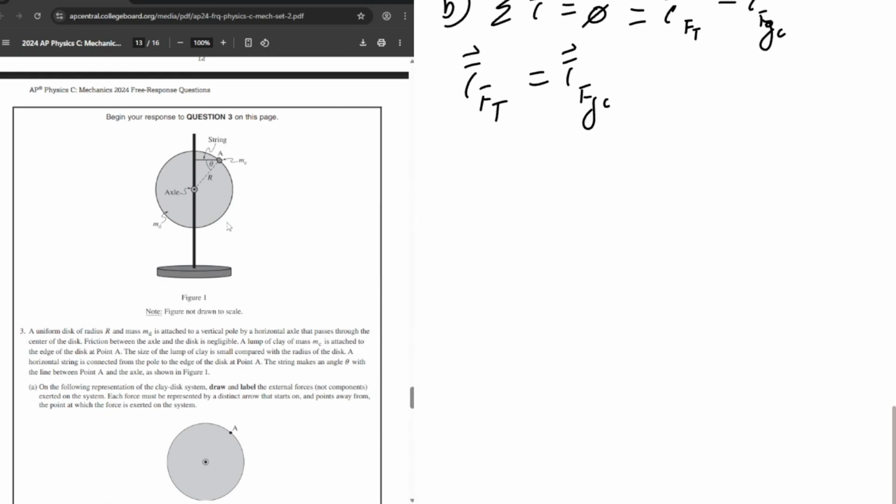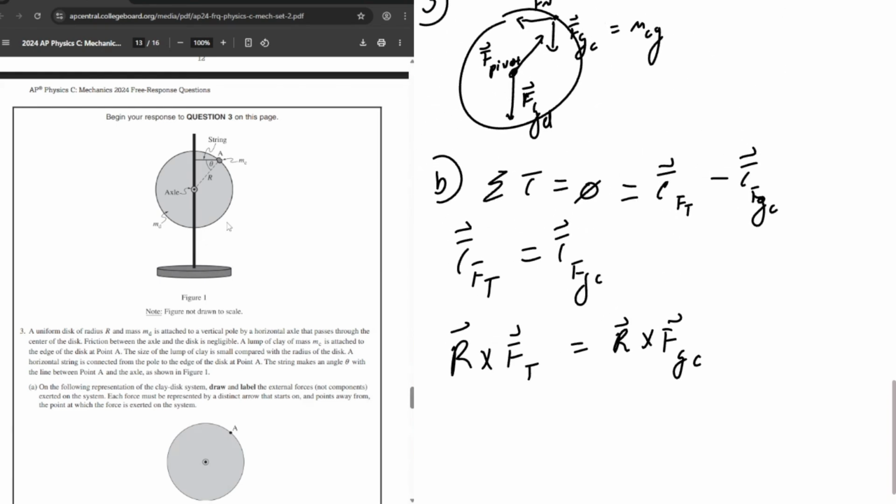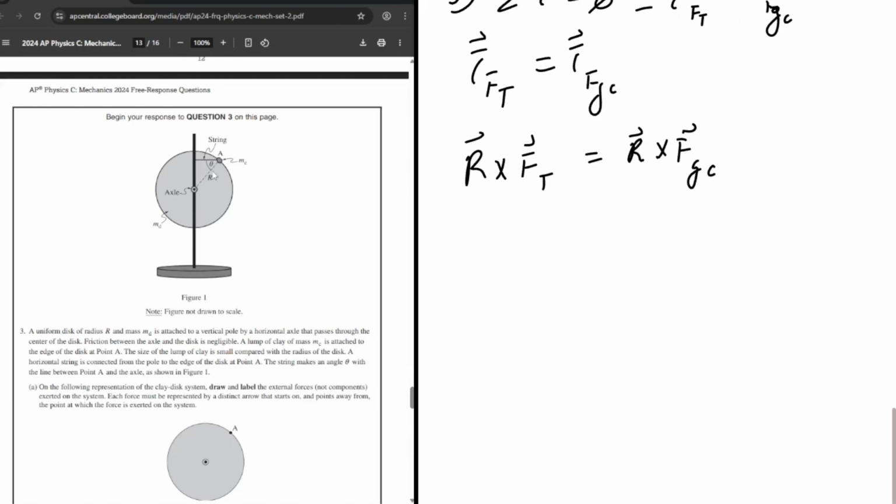And now we refer to our basic torque equation, radius cross force. And now what's the radius for these two? The radius for both of the torques is r. So it would be r Ft.